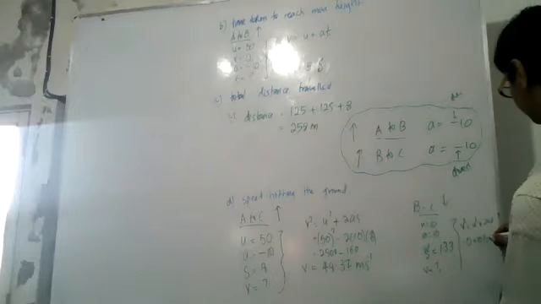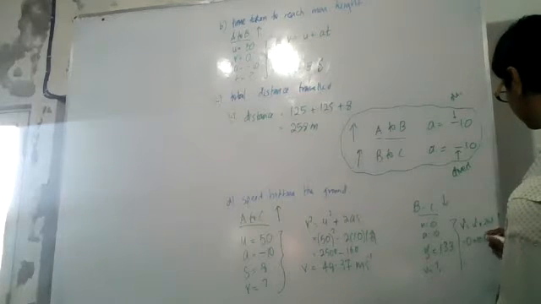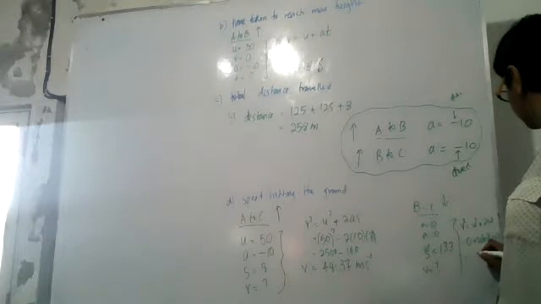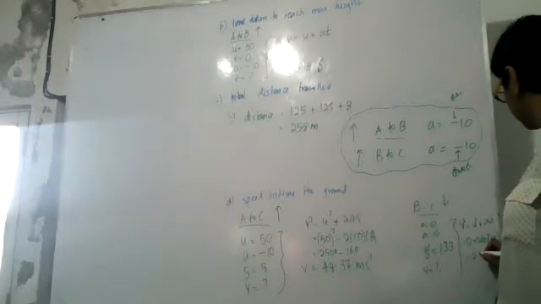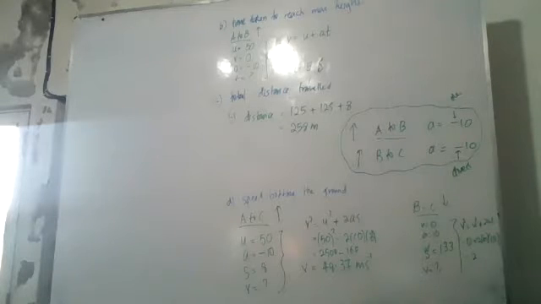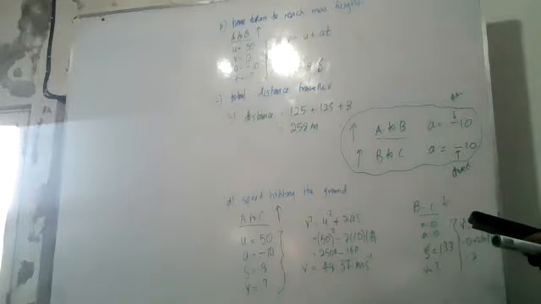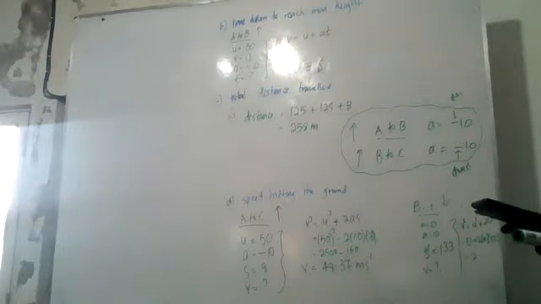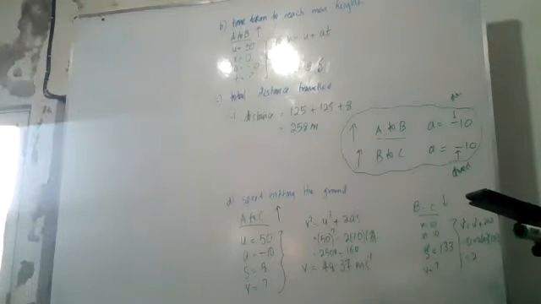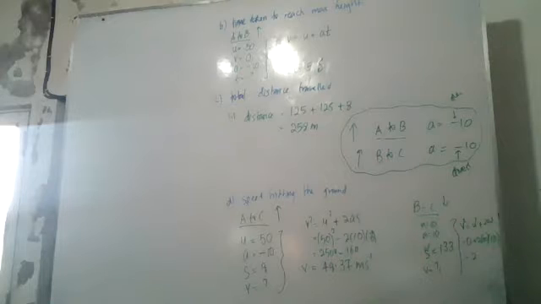Okay, that is 2 into 10 into 133. Then that is 2660. You get 51.57.